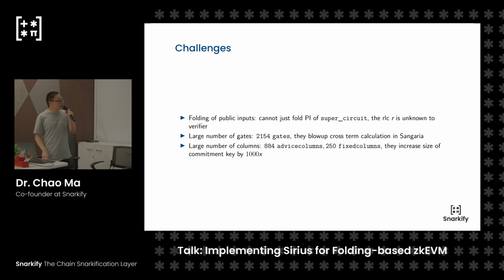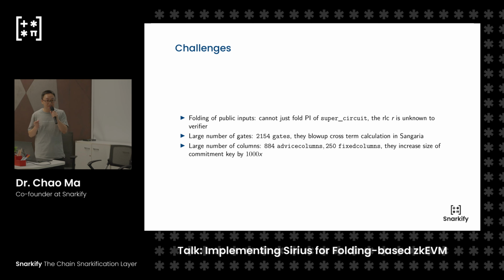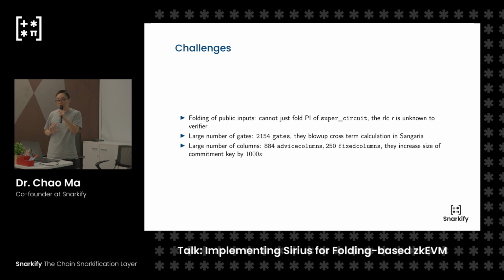The third challenge is the large number of columns. As you can see, we have about 1,000 columns. In the folding, when we commit the witness data, we try to concatenate all the columns into one big long vector and commit that long vector. The reason is that we are using ECC-type commitment, so each commitment is a point on the elliptic curve.